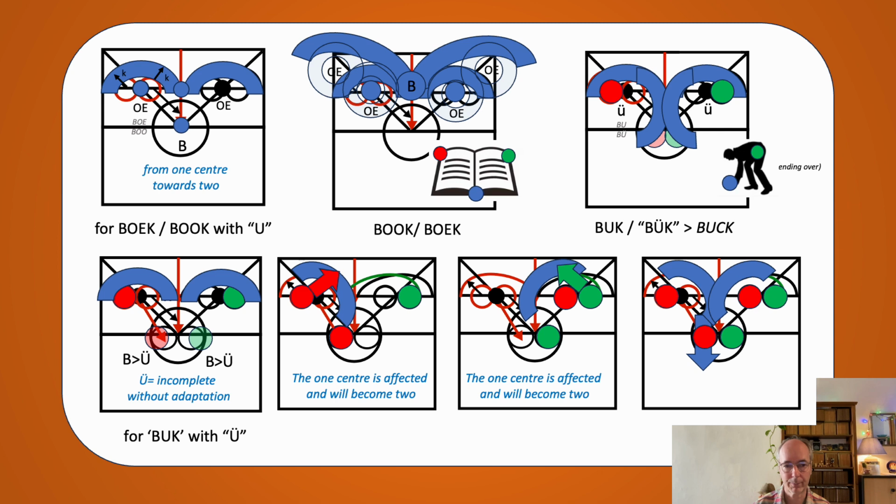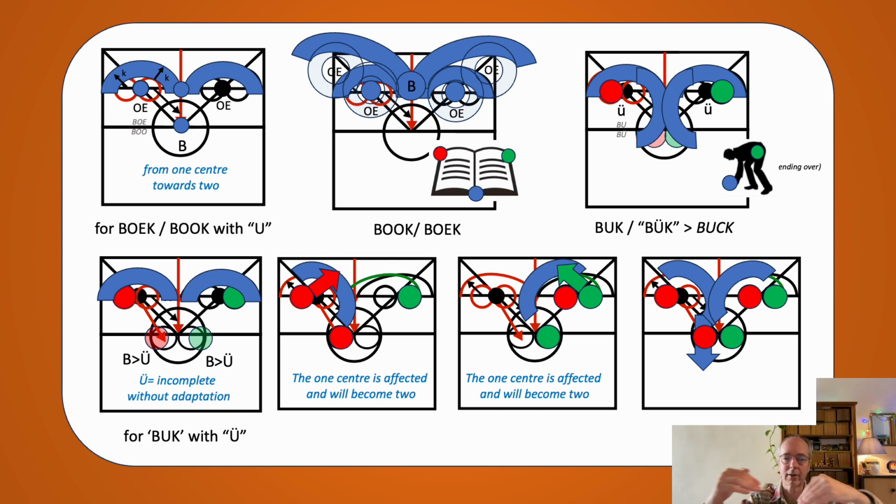With BUK, which means bending over, it's different. It is dependent. The extending is limited. So the extending here is dependent on what part shall I extend, what not.